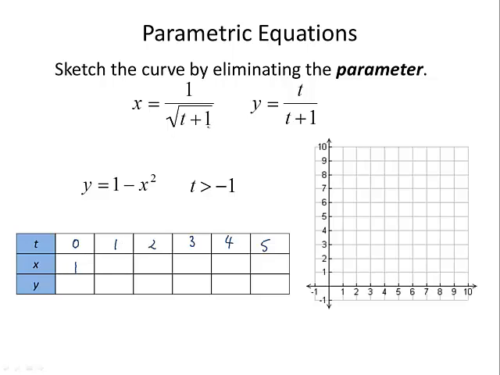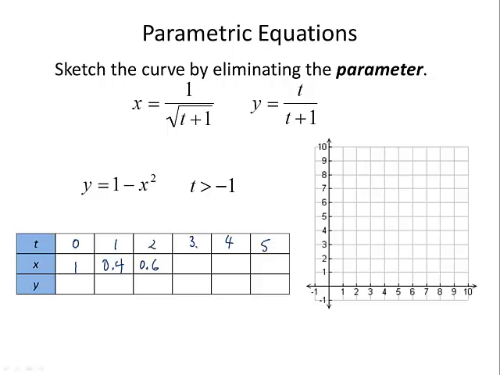1 plus 1 is 2. Take the square root of 2, which is the square root of 2. 1 over the square root of 2 is 0.44, and since I'm graphing it, I'm just going to use 1 decimal place because I can't graph it any better than that. Now this is 1 over the square root of 3, and that's going to give me 0.577, so that's about 0.6 graphing it.